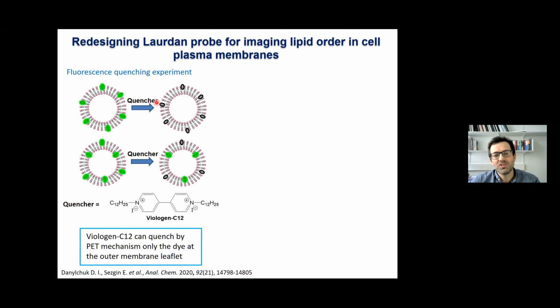So we used a quenching process in this case, and for that we needed to design a specific quencher based on viologen. We considered two situations. If the molecule binds only to the outer leaflet, it should be efficiently quenched. But if it binds to two leaflets, in this case quenching will be weak.